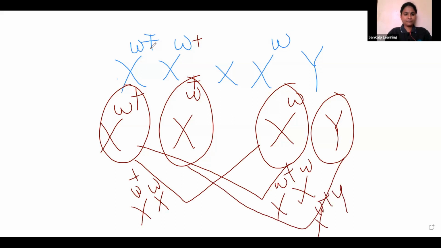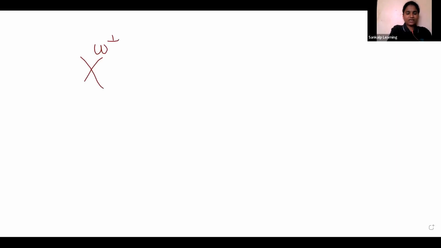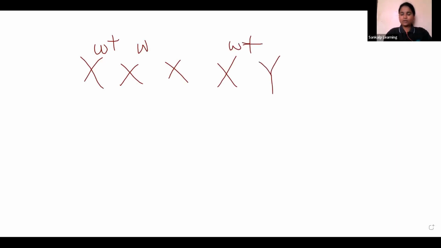Okay, you just help me now. Cross between XW plus XW crossed with XW plus Y. Cross this and tell me the gametes and offspring, the F1 generation, because the sensor is not working.